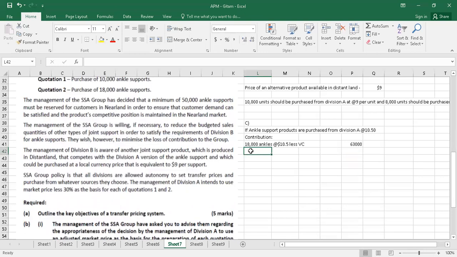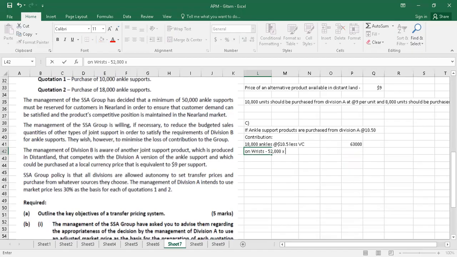Now the risk contribution. Right now, they will be making only 52,000 risk.